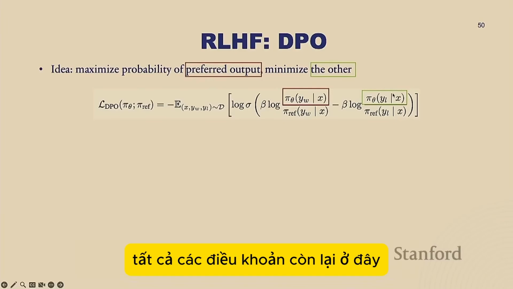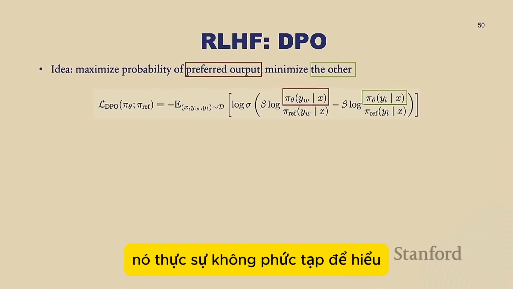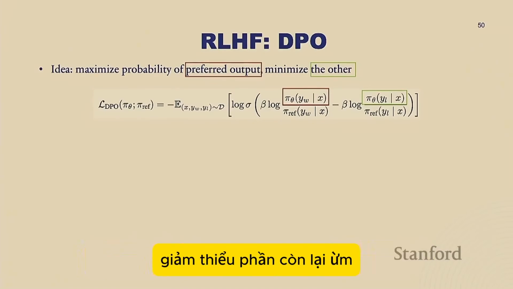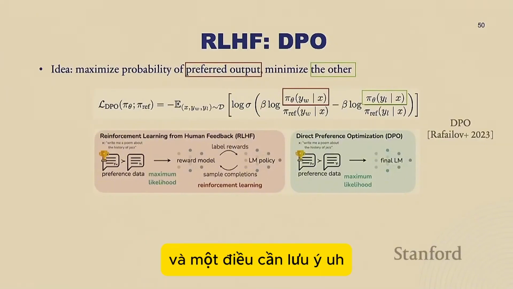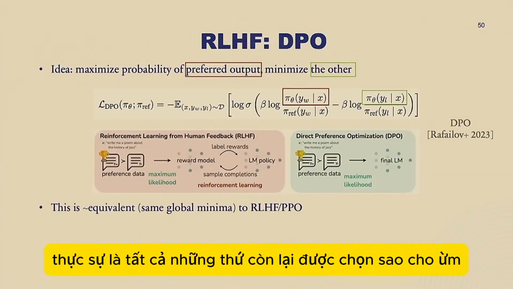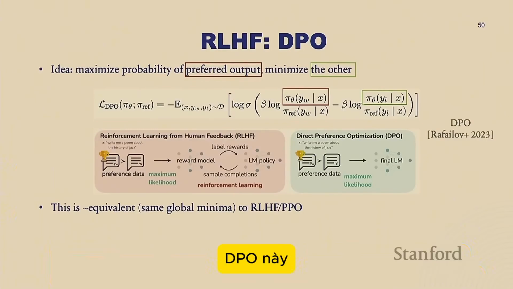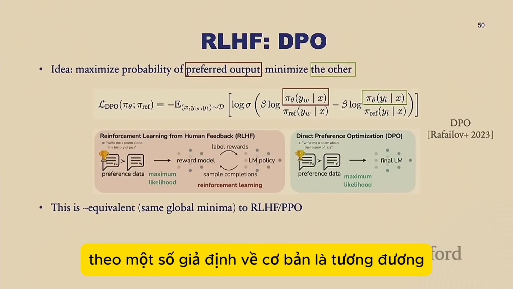All the rest of the terms here are not too important. It's really not that complicated to understand, but at a high level, it's really just maximizing the things you like and minimizing the rest. One thing to note is that all the rest is chosen such that the global minima of PPO and the global minima of this DPO, under some assumptions, are essentially equivalent.